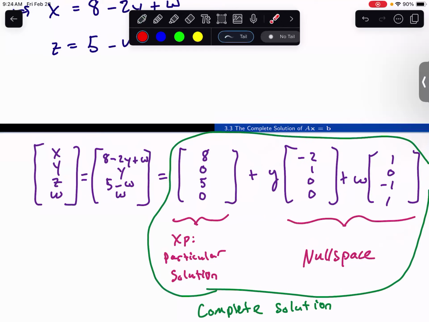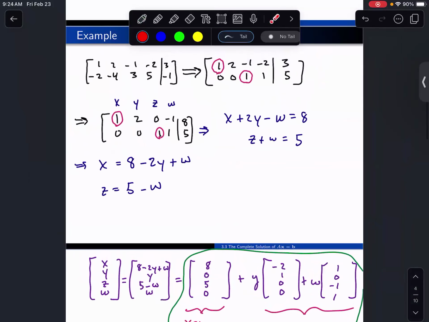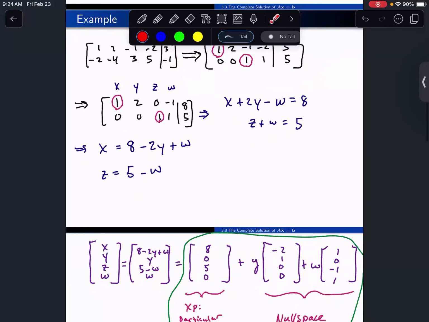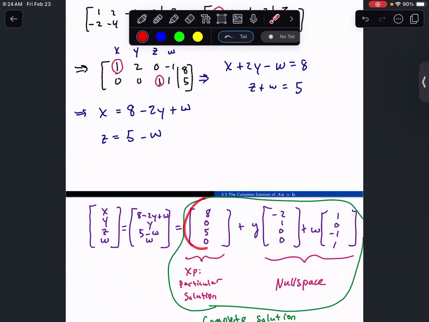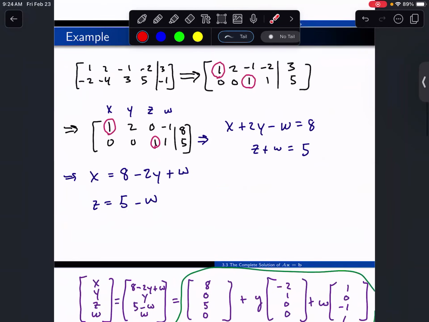And so what this is saying is that any solution to the system of linear equations that was given to us is going to have the form of having the vector 8, 0, 5, 0 plus some linear combination. So y and w can be any real number, and it'll give you another solution to the system of linear equations.